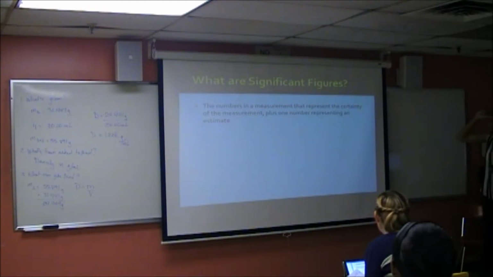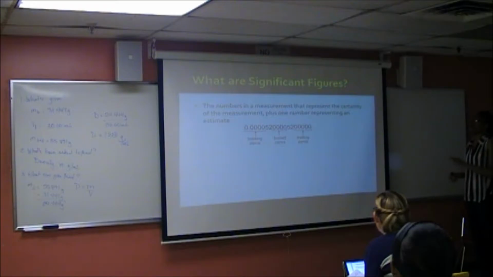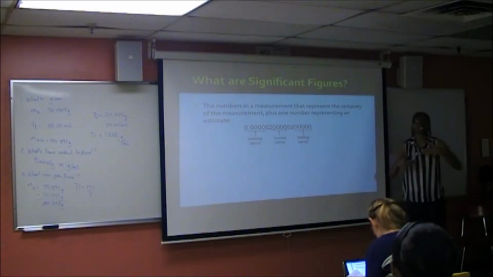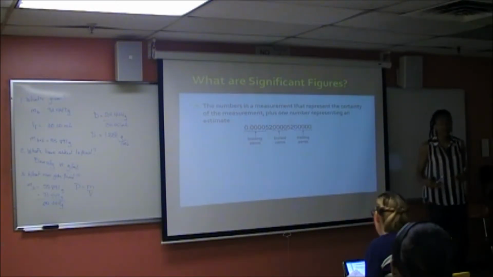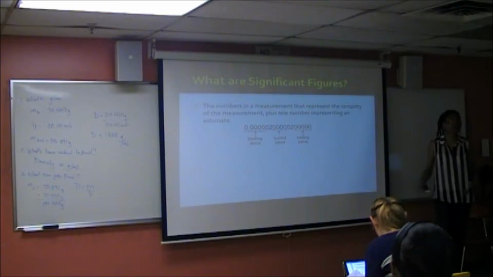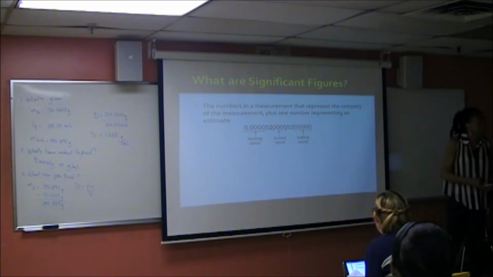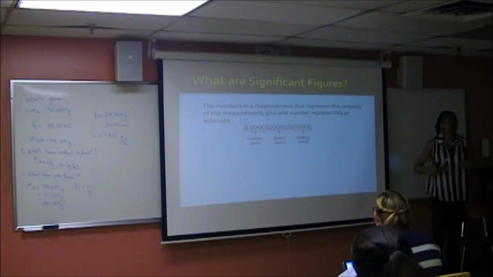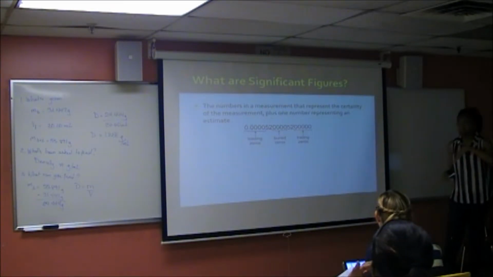All right. So now, when you're dealing with significant figures, you have zeros. Your zeros are what matters the most. All your non-zero numbers will always be significant. You will always count those. But your zeros, depending on where they are, are either significant or not significant. We read numbers from left to right, always.